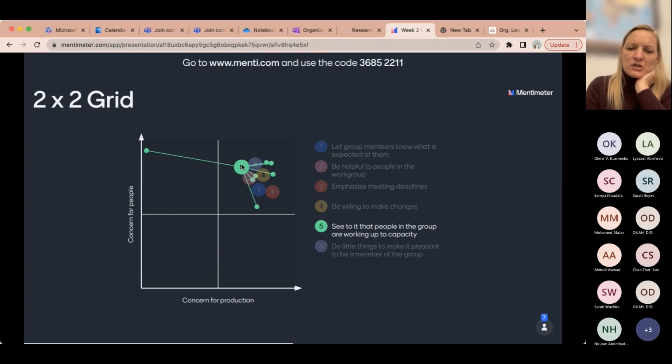It actually is, the capacity piece is related to production, but I would love to hear from anyone to share how it could also represent concern for people.